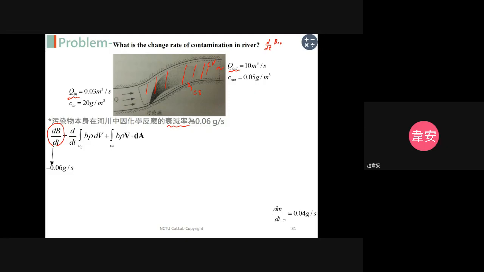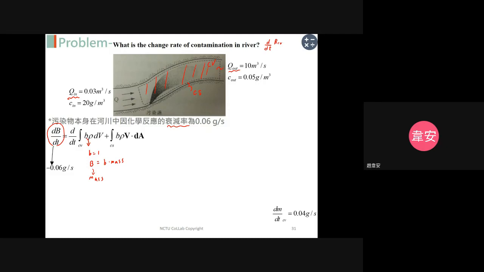So actually, based on the Reynolds transport theorem, the small b here is equal to 1, and we know the capital B is equal to b multiplied by the mass. Because our small b is 1, the capital B is the mass. So now we are discussing the mass.